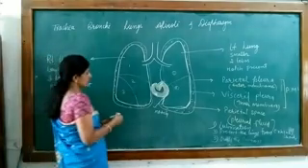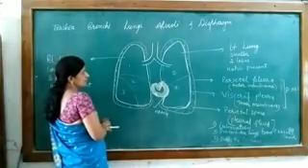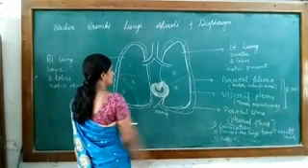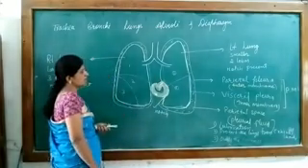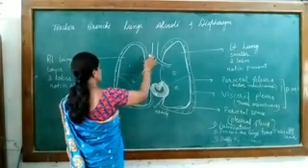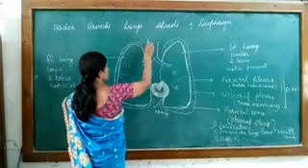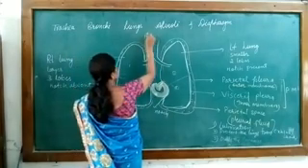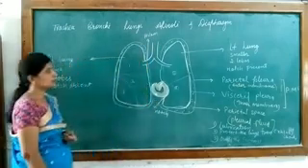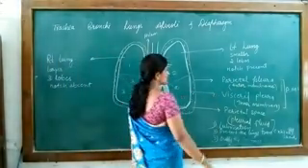So these are the structures we have seen. The right lung has three lobes: upper lobe, middle lobe and lower lobe. Here the upper and lower lobes are present, and this space, where the bronchi enter into the lungs, is called the hilum, and it is surrounded by two membranes. The outer membrane is called parietal and the inner is called visceral.